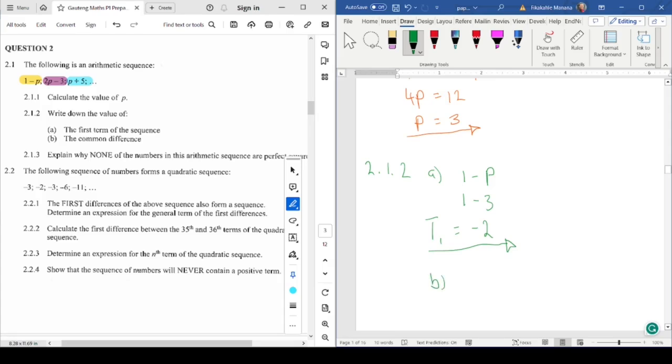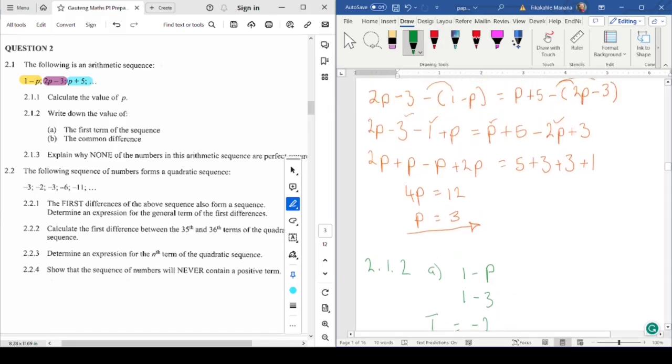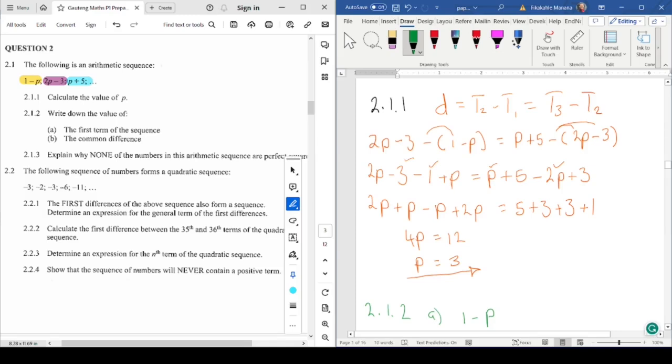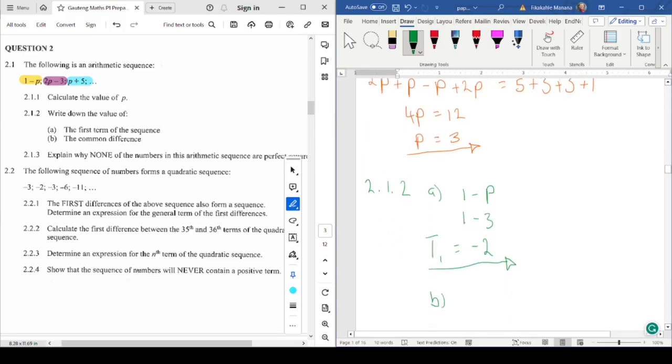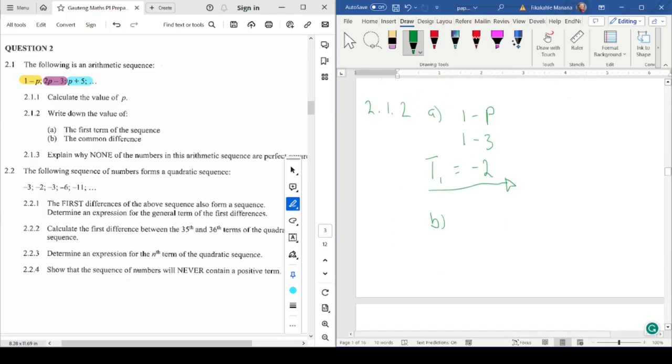The common difference. Now for the common difference, as you can see, it's either T2 minus T1 or the other way around. So now that we have T1, let's solve for T2. So T2 would then be equal to 2p minus 3, right? So 2 times 3 minus 3. 2 times 3 is 6 minus 3.